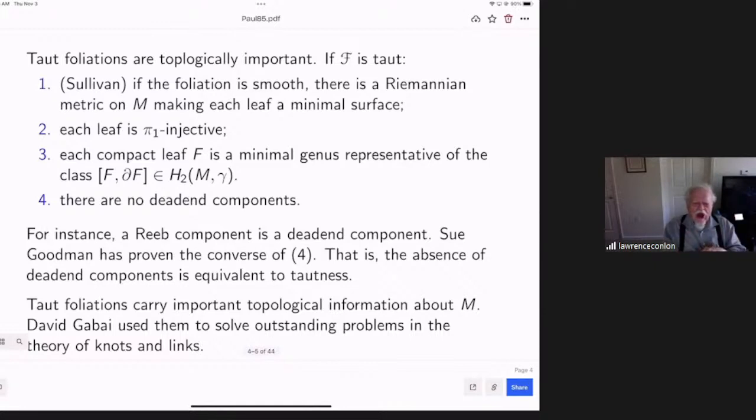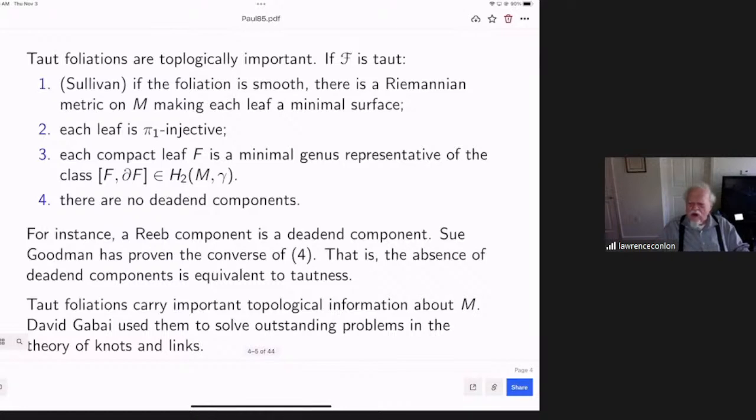But the idea is that the boundary leaves are all oriented inward or all oriented outward. So a transverse curve starting outside the dead end component and crossing its boundary gets into it, it can't get out again and stay transverse.